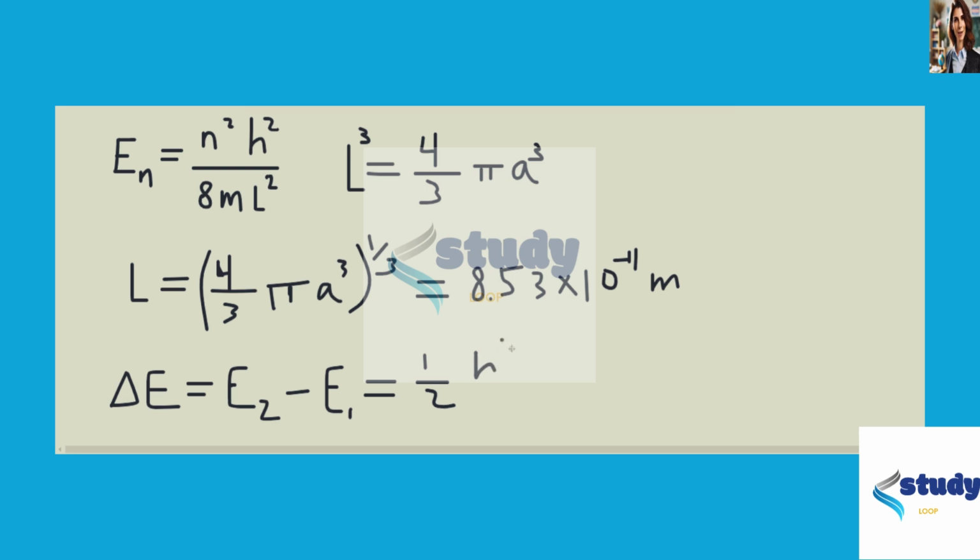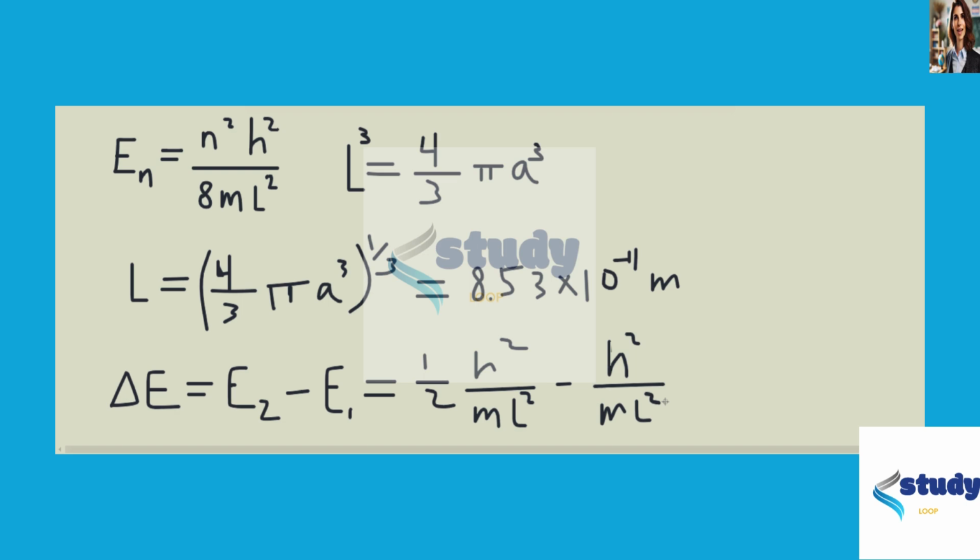So this is going to be 1/2 h squared over m L squared, minus, and then you plug in n equals 1. 1 squared is 1, so this is h squared divided by m L squared, where L is the length of the box.